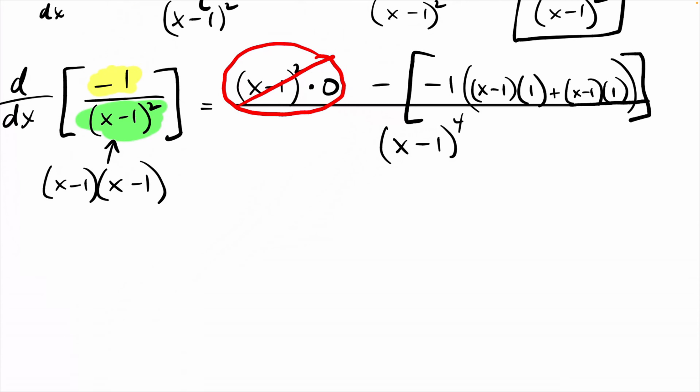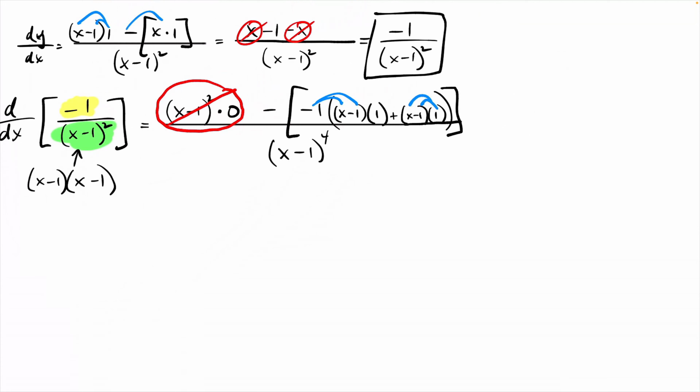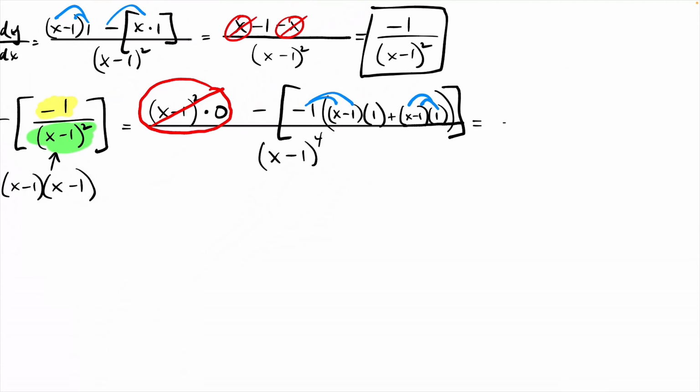So the nice thing is, the first term completely went away. We don't have to worry about that because it's multiplying times 0. The not so nice part is I have a little bit of a complicated second term. So make it uncomplicated. Distribute. So I'm going to distribute here. And I'm going to distribute here. This is just times 1, so that's not going to change anything. So minus.